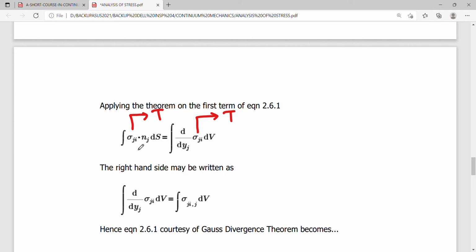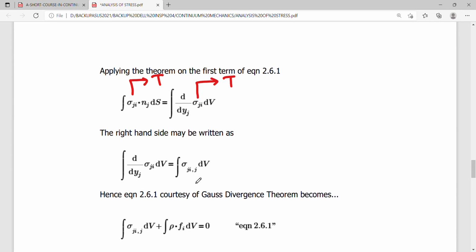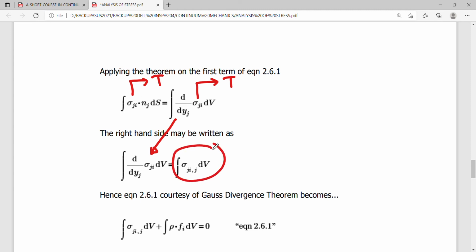Okay, so this is the integral of T dot N ds is equal to the integral of d/dy T dv. Okay, so this right hand side now may be written in terms of volumes. So this is now the equivalent there, which is simply equal to another form.